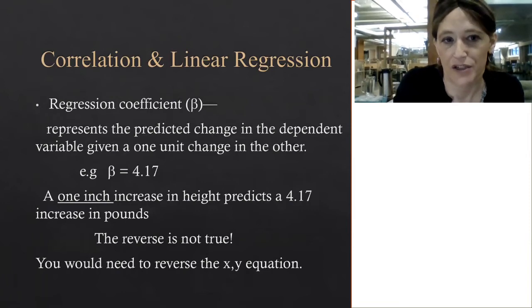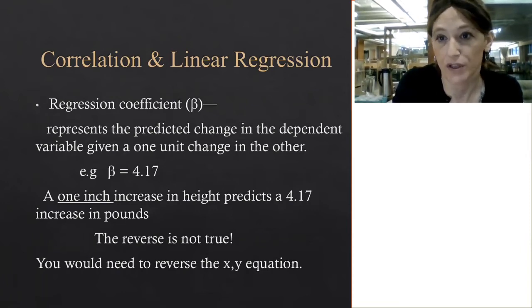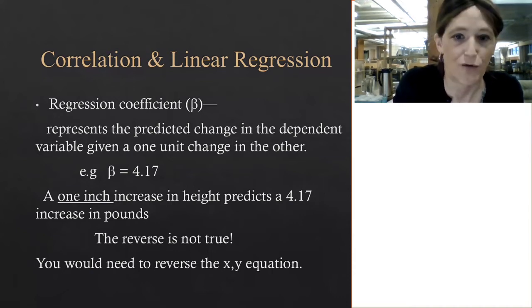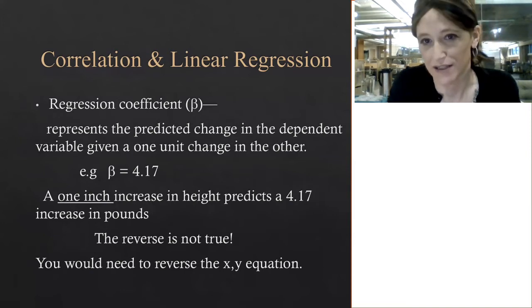So a regression coefficient represents the predicted change in the dependent variable given a 1-unit change in the other. In the case of this example, a 1-inch change results in a 4.17 increase in pounds based on the best fitting line. However, the reverse is not true. We couldn't say that a 1 pound increase would result in a 4.17 inch increase in height.